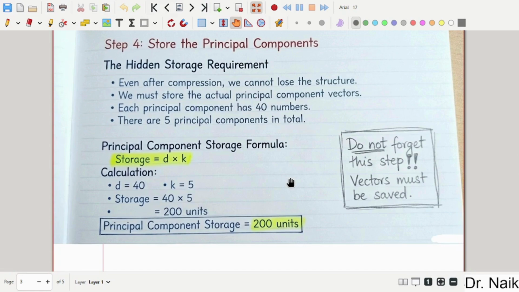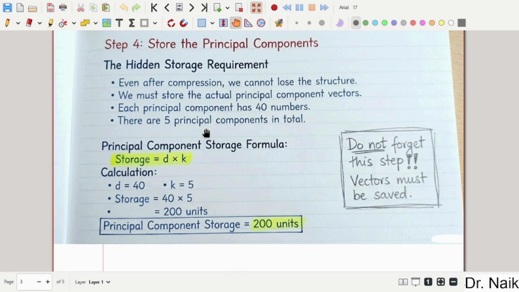Now calculate the storage required for the principal components. Even after compression, we cannot lose the structure. We must store the actual principal component vectors. Each principal component has 40 numbers, and there are 5 principal components which are retained.